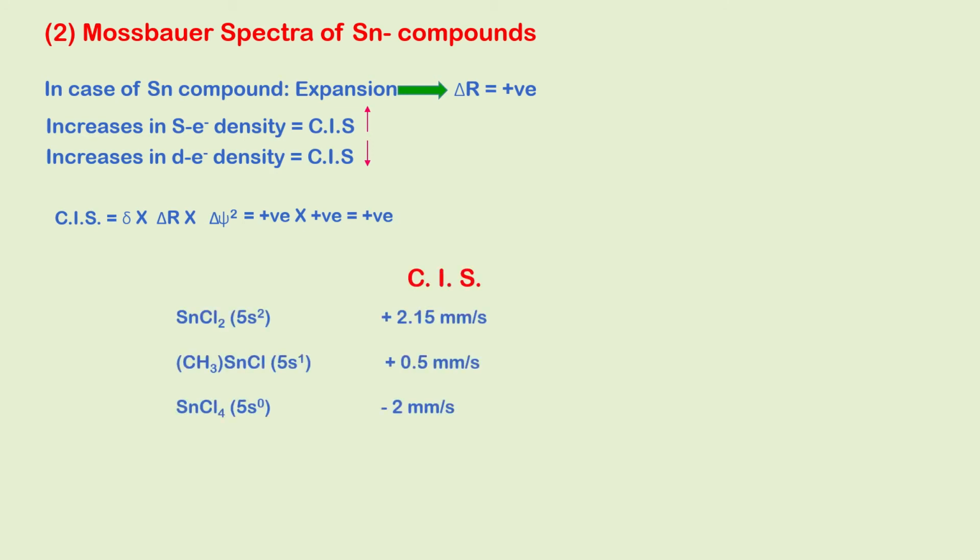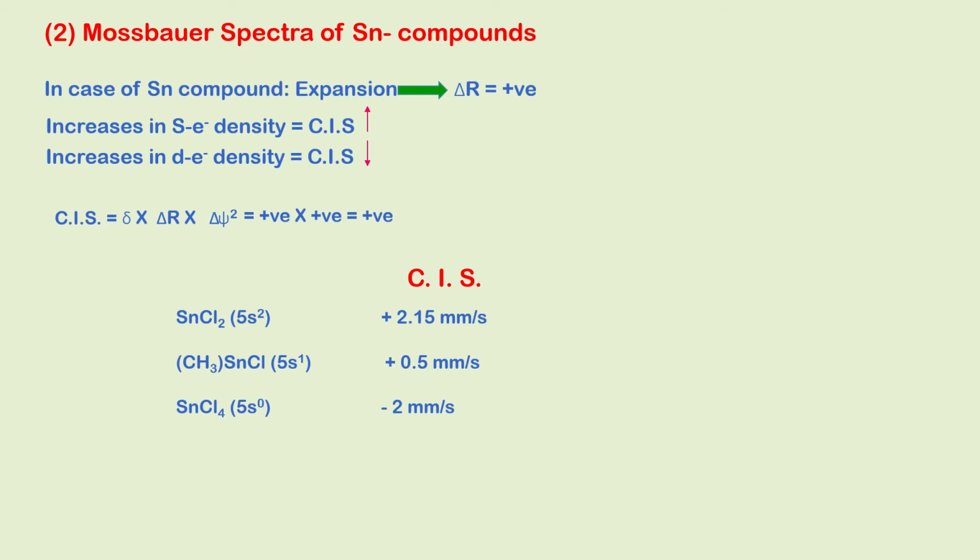It can be understood by taking the example of SnCl2, CH3SnCl and SnCl4, where in SnCl2 there is 5s2, in CH3SnCl there is 5s1 and in SnCl4 there is 5s0.